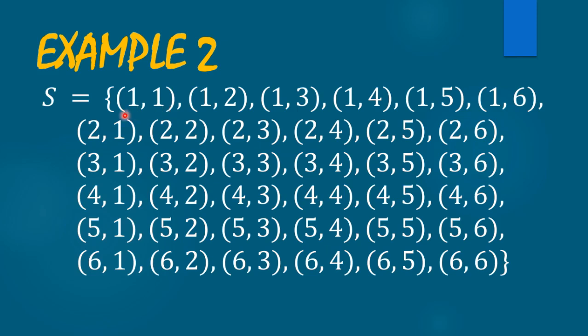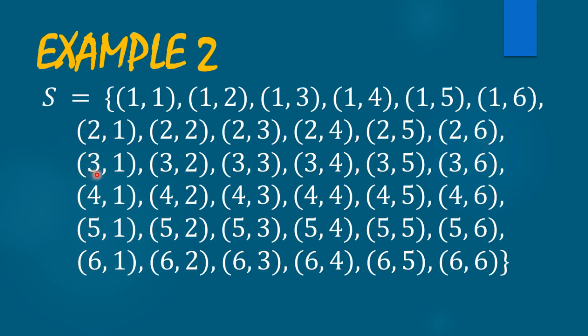So again, we have the sample space 1,1; 1,2; 1,3; 1,4; 1,5; 1,6; 2,1; 2,2; 2,3; 2,4; 2,5; 2,6. Because again, in a given die, we have numbers 1 to 6.